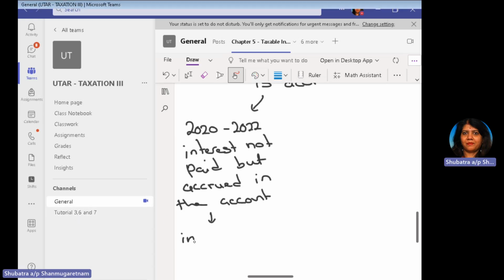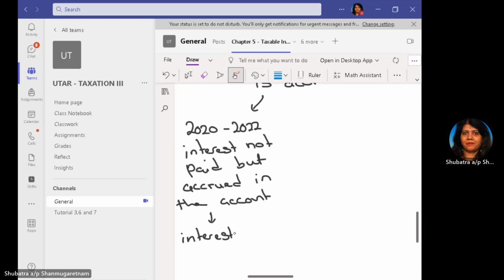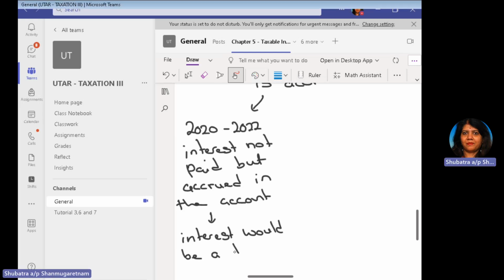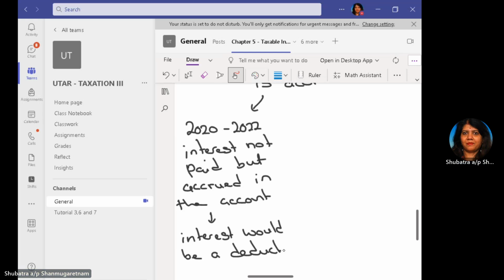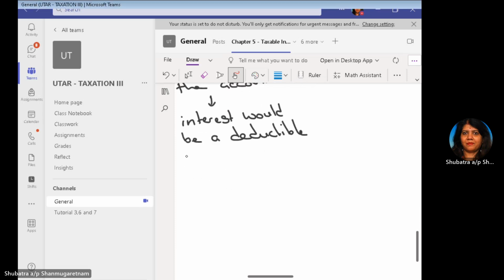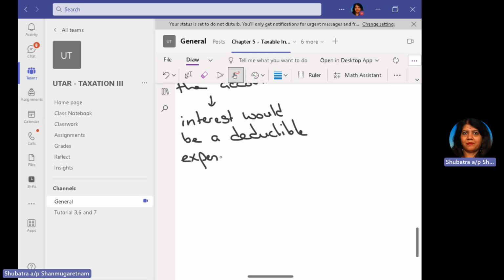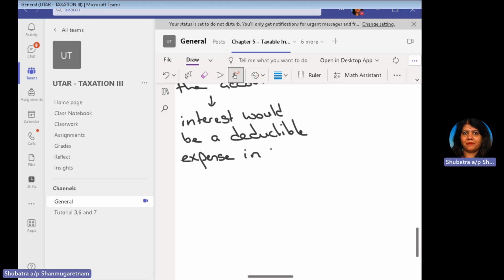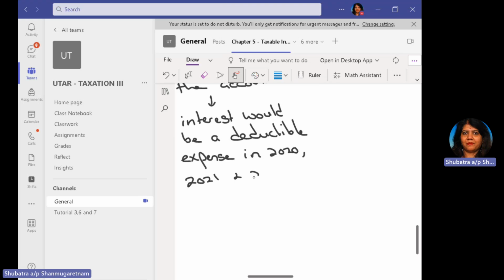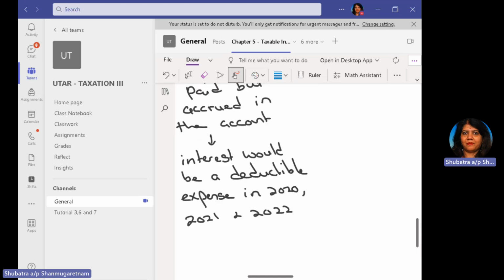This interest would be a deductible expense in 2020, 2021, and 2022. So for all the 3 years, it will be a deductible expense.